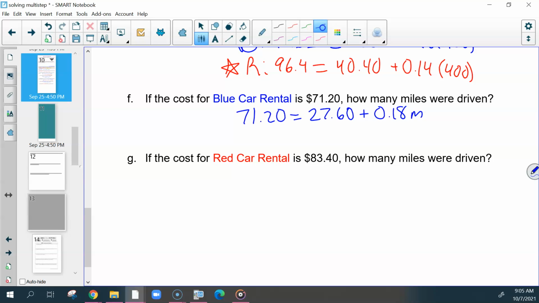Subtract the 27.6 from the total. What would this be when we subtract?